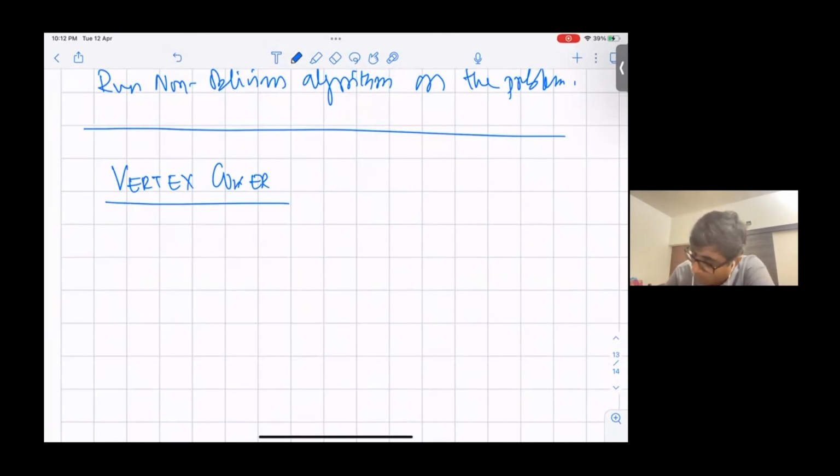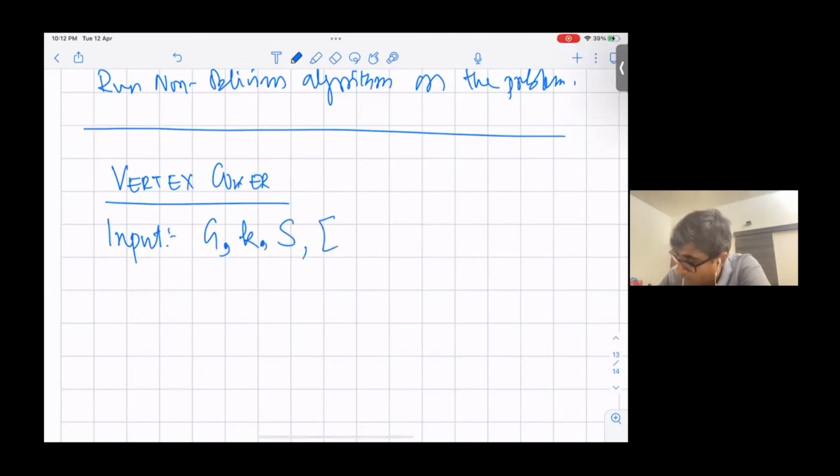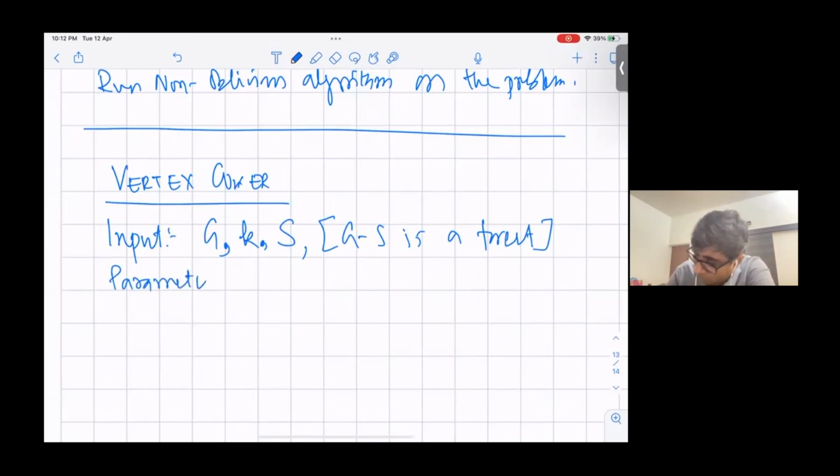Input is G, k, and S. But now, what is the property of S? G minus S is a forest. My parameter is L, the size of S.